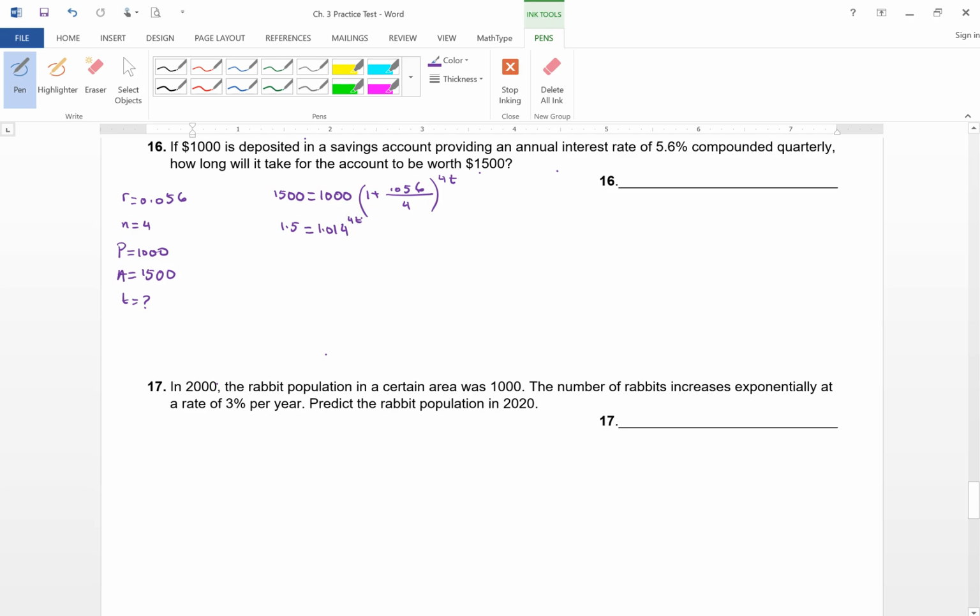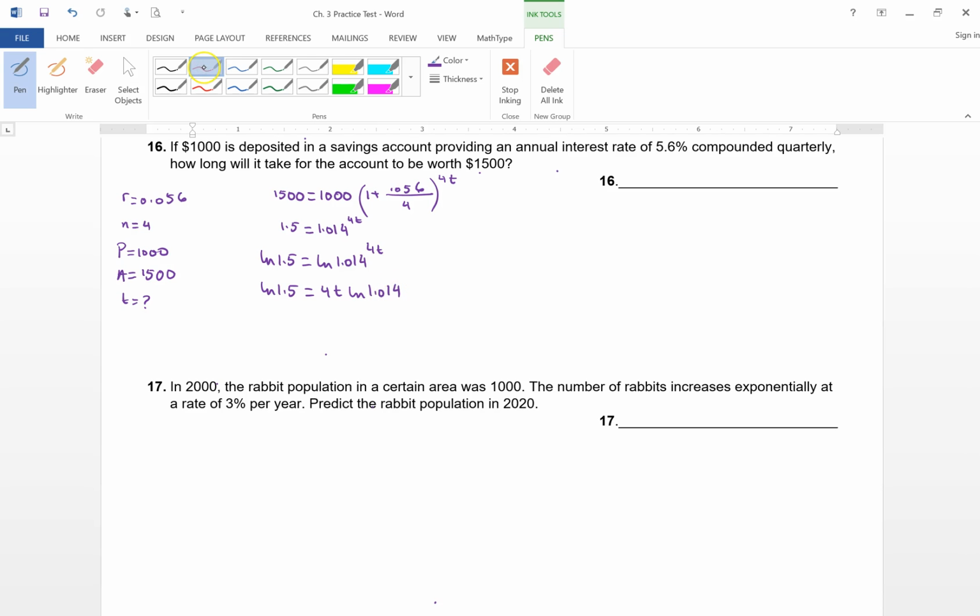Now this we need to simplify by ln's. So ln of 1.5 equals ln of 1.014 to the power of 4t, so ln of 1.5 equals 4t ln of 1.014.